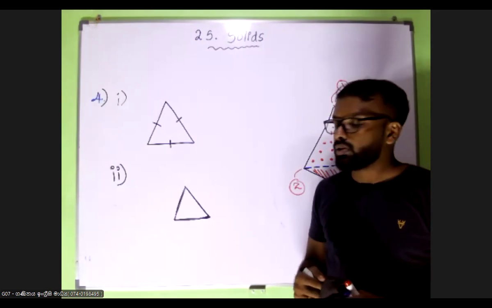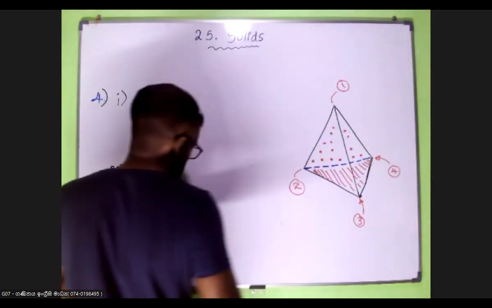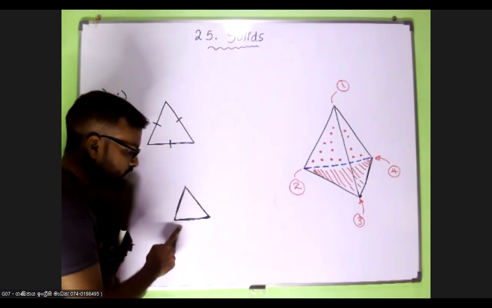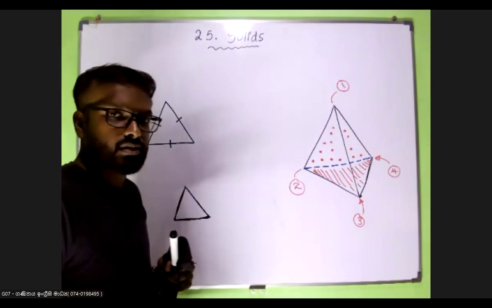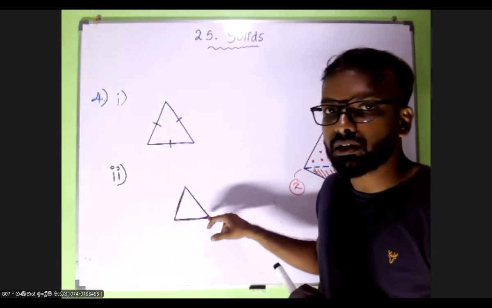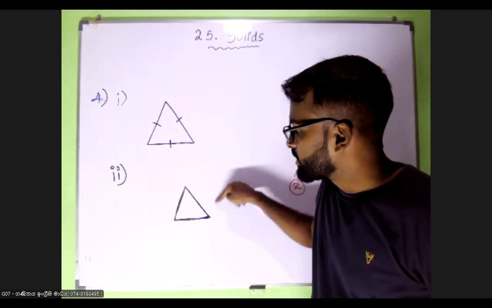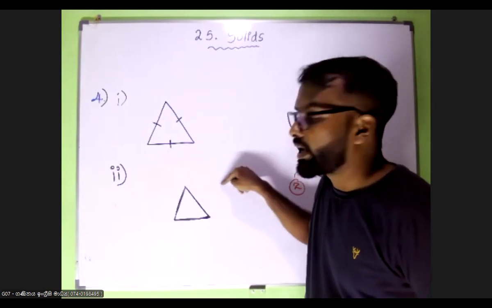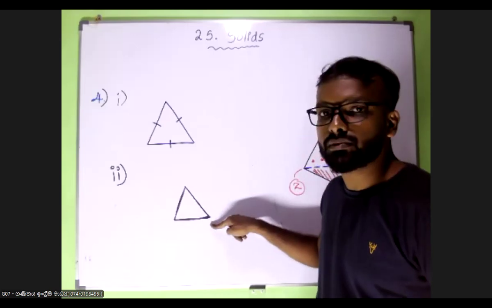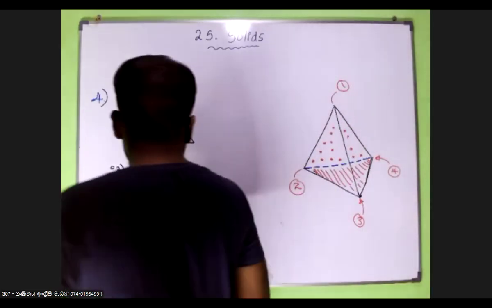Now what we are going to do is, here we have another side, here we have another side, and here we have another side. So all the 3 sides remaining, we have to join the same equilateral triangle to this side, and to this side. So I am going to draw.